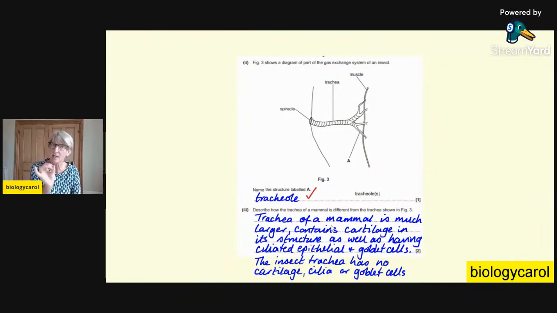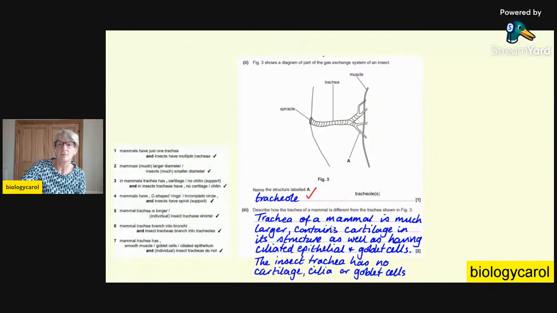Up until the end of that sentence, I remember thinking I'd finished my answer. Then I suddenly realized I haven't spelt out that the insect trachea has none of these things, which is why I then wrote the following sentence. So notice that if you're doing a difference, a comparison, you have to say what the feature is like in both things.